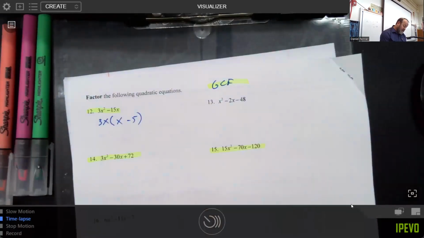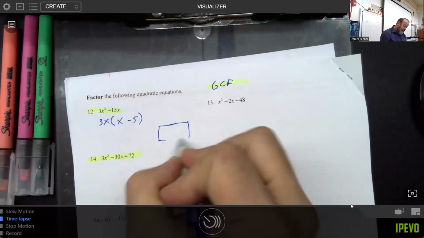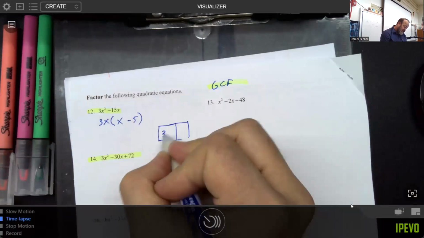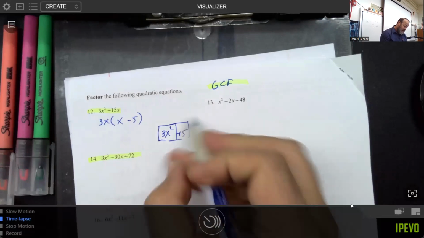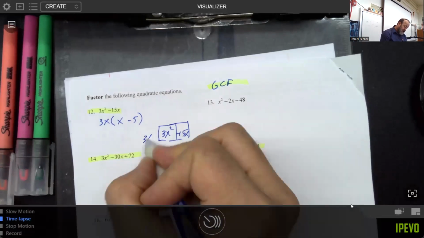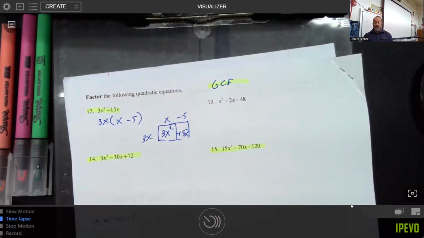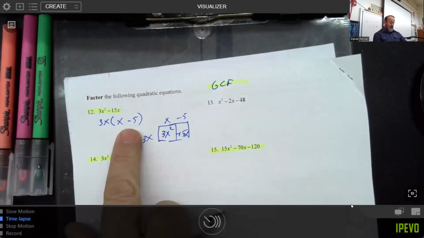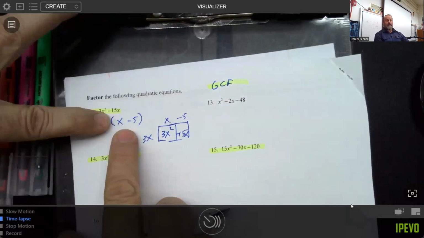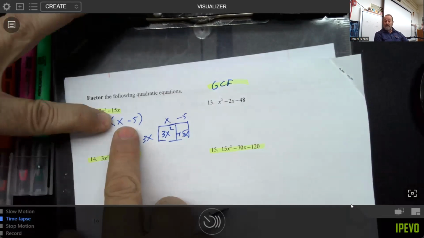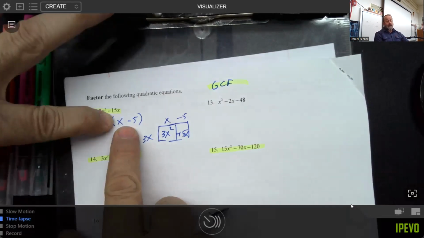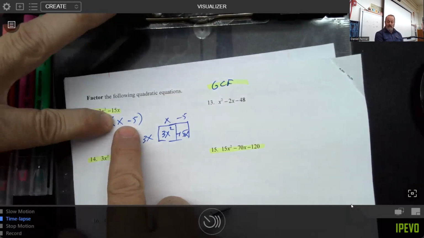I know some of the other teachers are doing this as a box, thinking about what they have in common and developing that through the box method, and that's perfectly fine, that's great too. But once I did that GCF, I know I'm done because I have two very simple factors. If I tried to graph this one, it looks like y equals x minus 5, a simple little line.